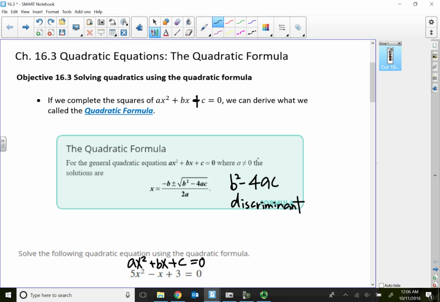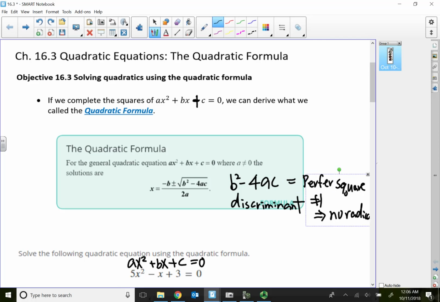What that means is it kind of tells you ahead of time what your answer is going to be. So if your discriminant, what you put inside the square root, is a perfect square number, like a 16 or an 81, that means your final answer will have no radical.